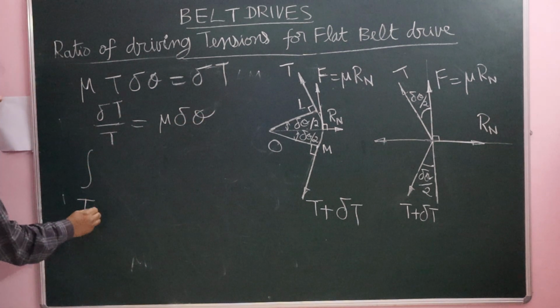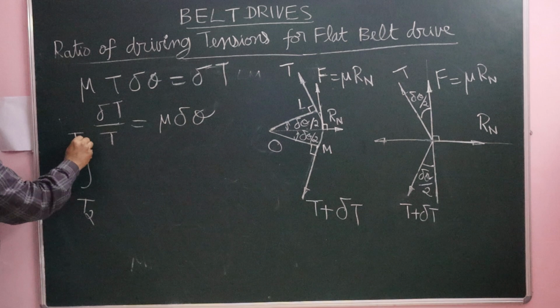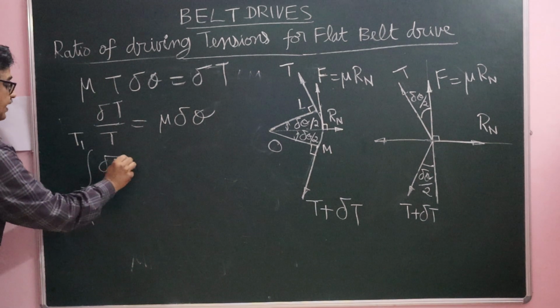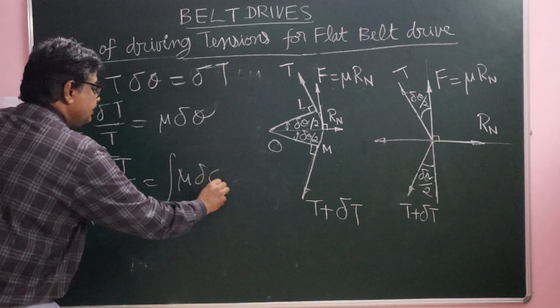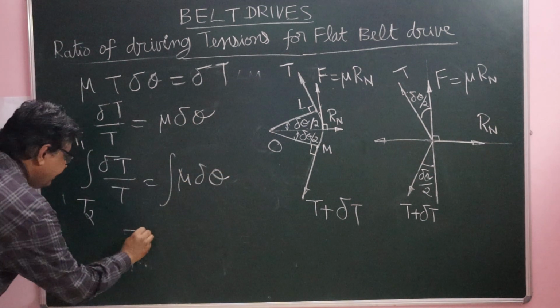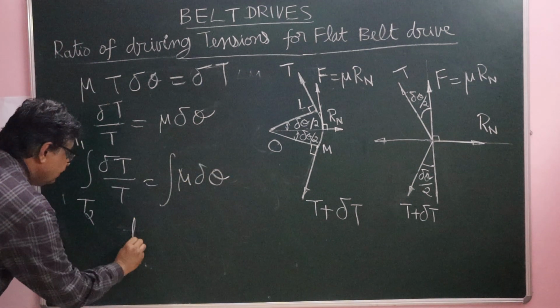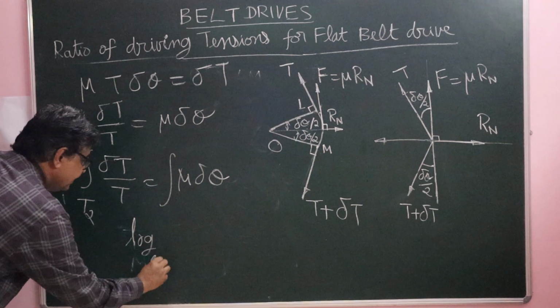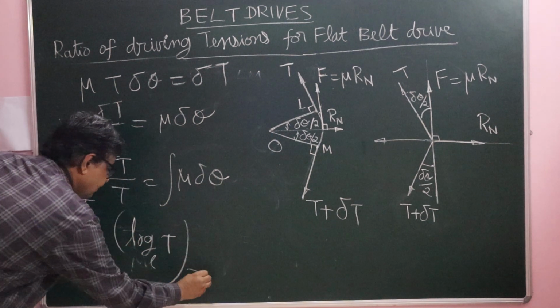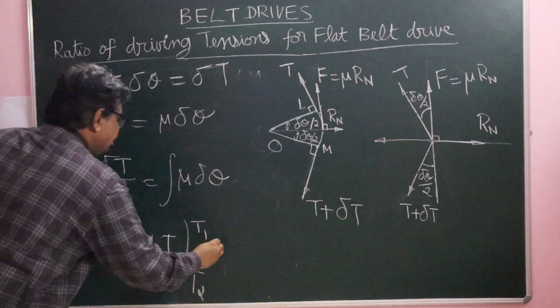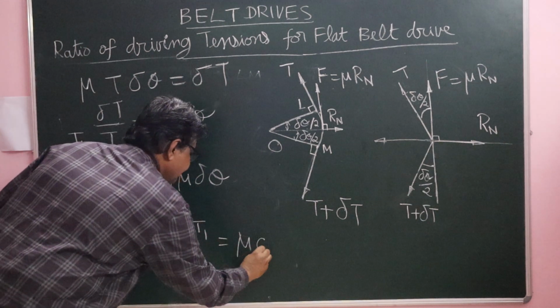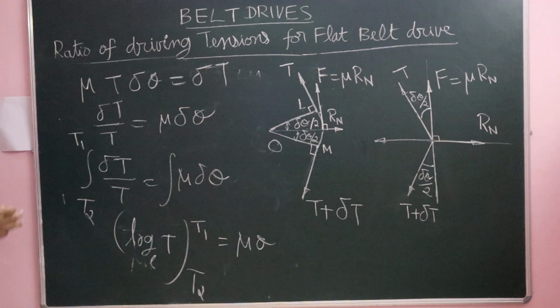The lower tension is T2 and the higher tension is T1. Integral of del T by T is equal to the integral of mu del theta. Therefore, log base e of T from T2 to T1 equals mu into the integral of del theta, that is theta, as mu is constant.